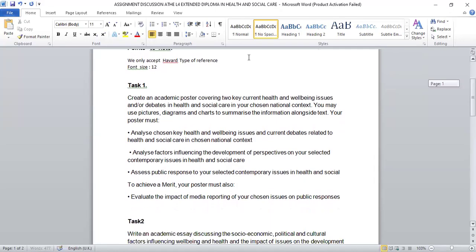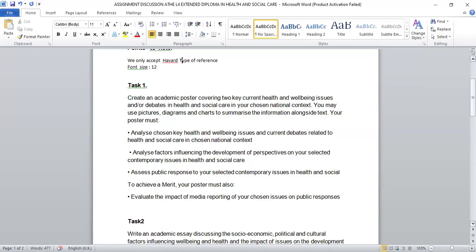All right. So in the first assignment, the task normally asks you to create an academic poster covering two key current health and well-being issues and or debates in health and social care in your chosen national context. You may use pictures, diagrams, and charts to summarize the information alongside text.